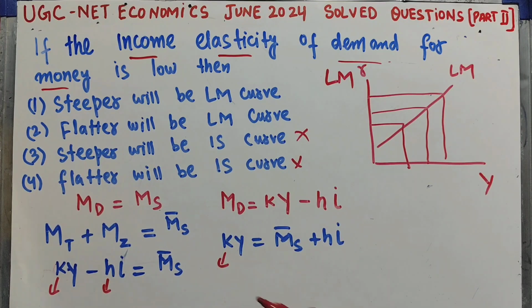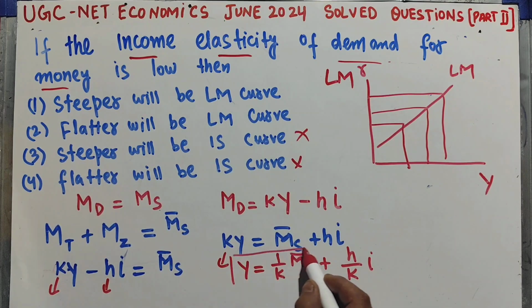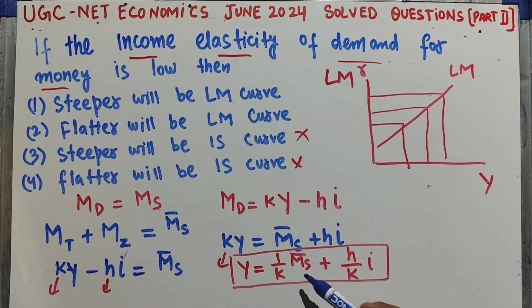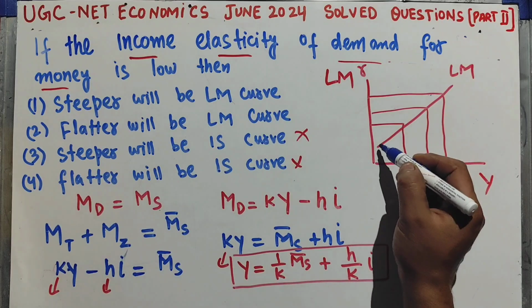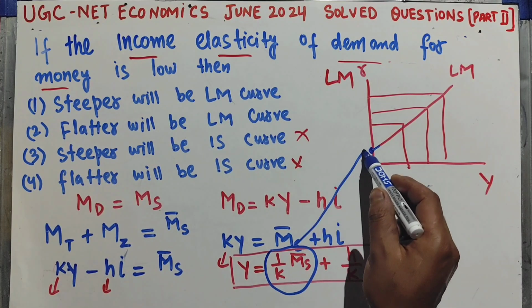Okay, so let us solve for Y. Y will be equal to 1 upon K times MS plus H upon K times I. This is our LM equation. The first part shows us the intercept of the LM equation, because money supply is exogenously fixed and K is also a constant number, so this term gives us the intercept.